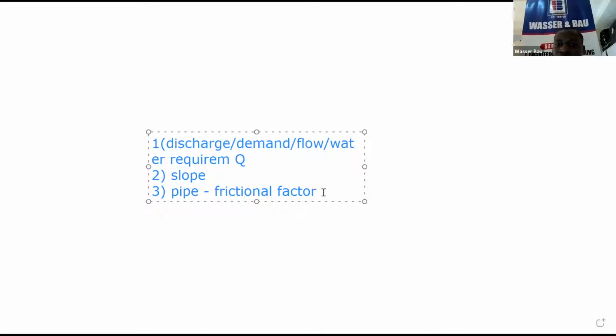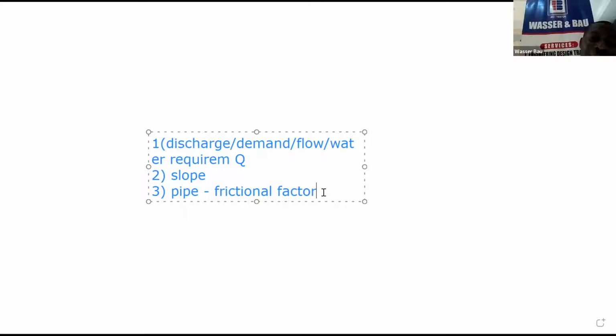Okay, so you need the demand, you need the slope, and then you need the material of the pipe, because the smoother the pipe, the higher the flow. Then the slope: the more sloped an area is, the smaller the pipe size you need. But the major parameter, the most indispensable parameter, is the discharge.